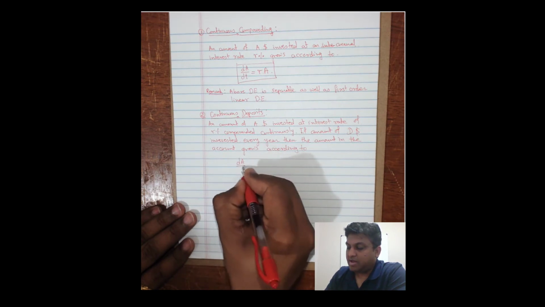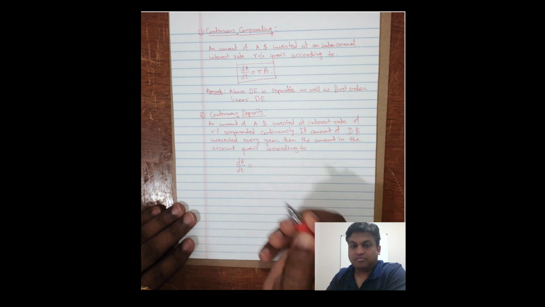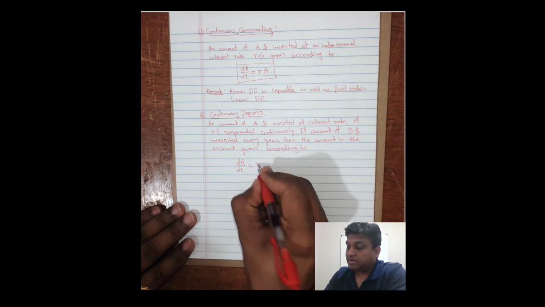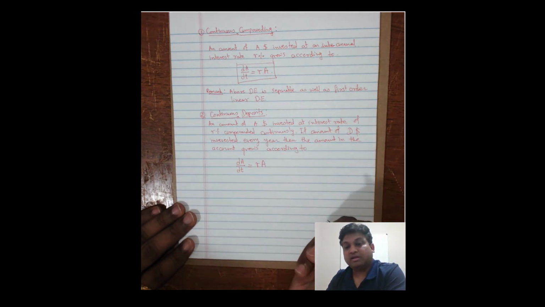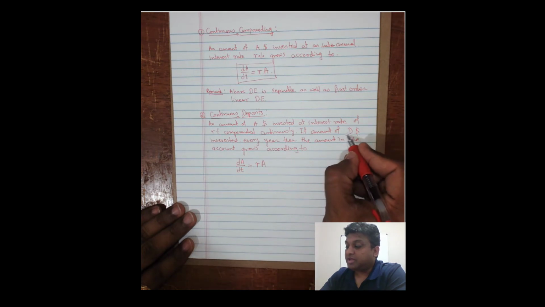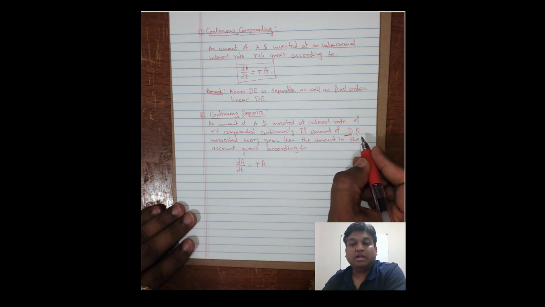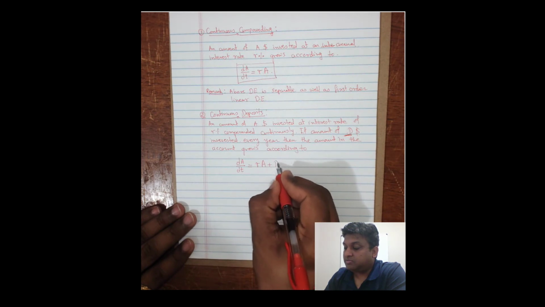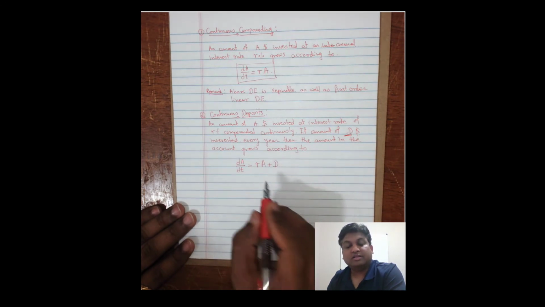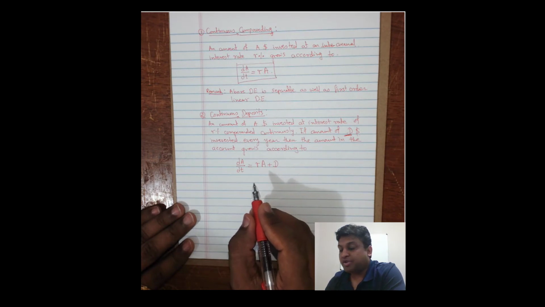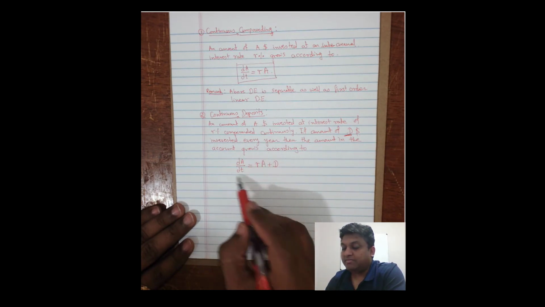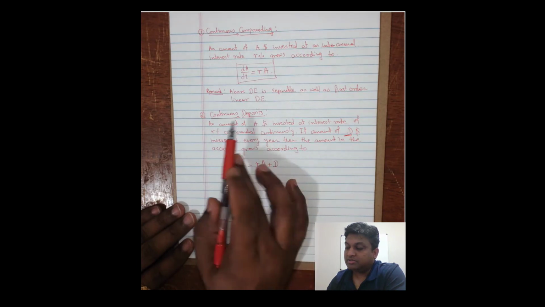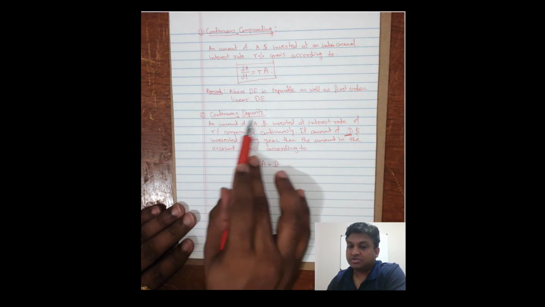You have dA/dt equal to the rate of interest times A, and then remember, the person intends to make a continuous constant deposit of $D every year. So every year $D will be added to this initial amount. This modified differential equation refers to a modified situation.